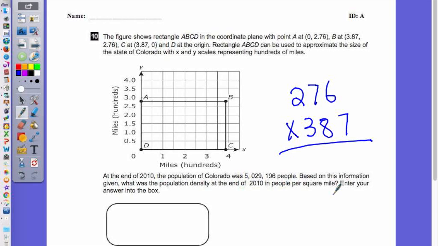Why do I have that written? Yes, it's 2.76, but in hundreds means 276 miles long. Right. Okay? What did you get?